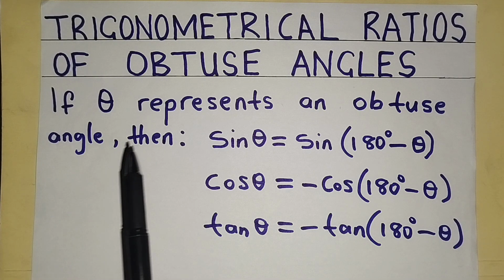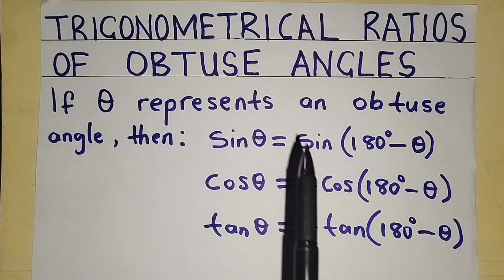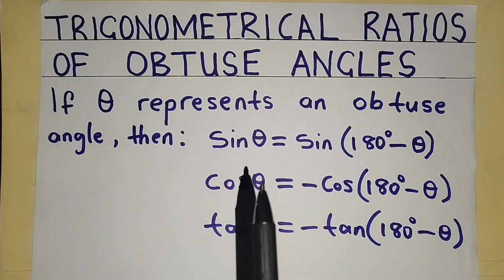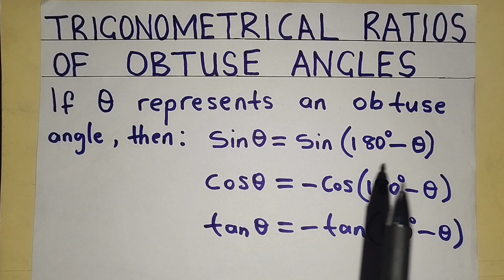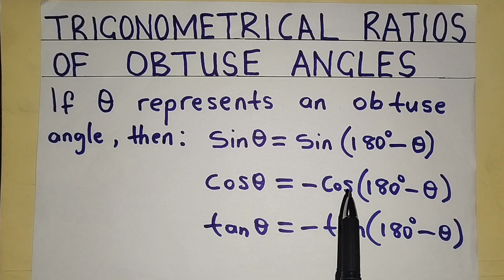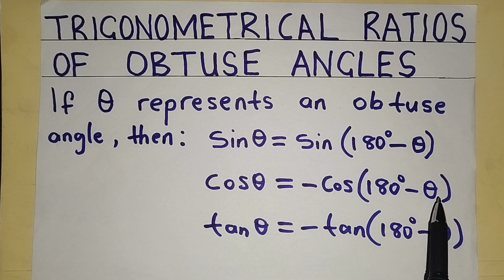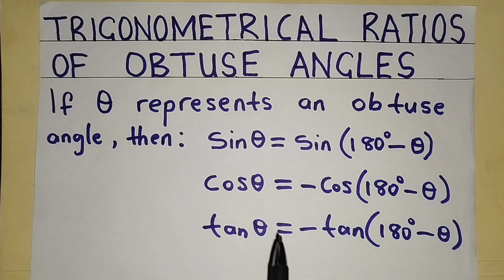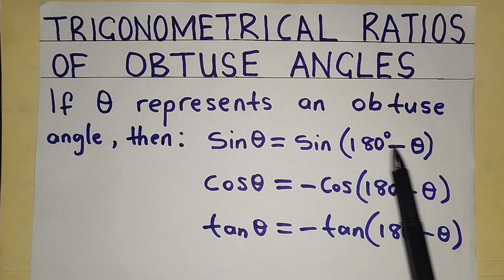It says if theta represents an obtuse angle, then sine theta equals sine of 180 degrees minus theta, cos theta equals minus cos of 180 degrees minus theta, and finally tan theta equals minus tan of 180 degrees minus theta.